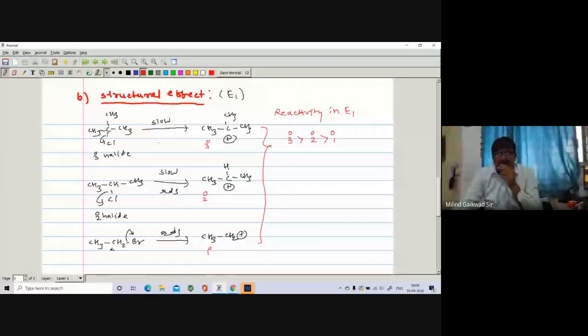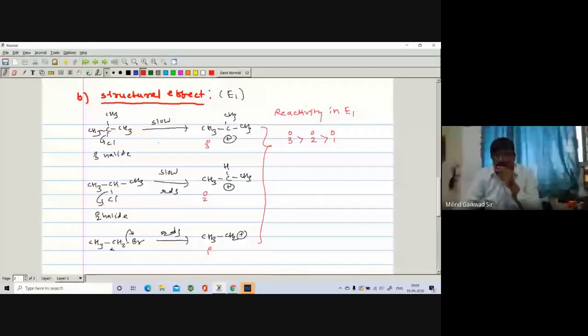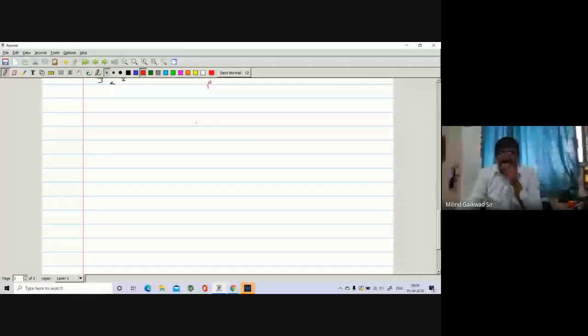As there is formation of a more stable carbocation, there is an increase in the rate of reaction. Why? Because of the formation of the more stable carbocation. Right? So this is about the rate of reaction, how the structural effect tells us that there is a formation of a carbocation, primary, secondary, and tertiary.